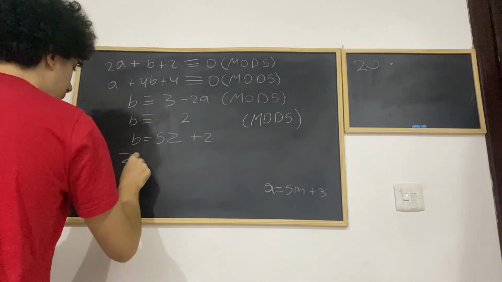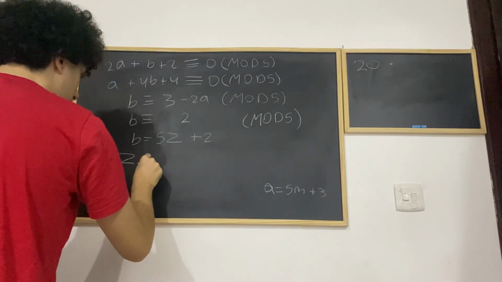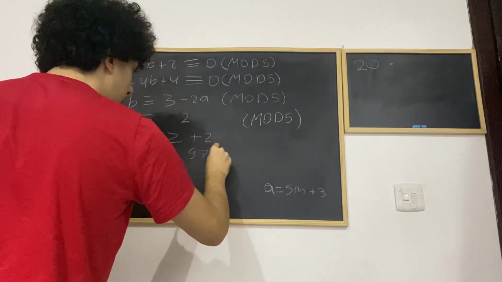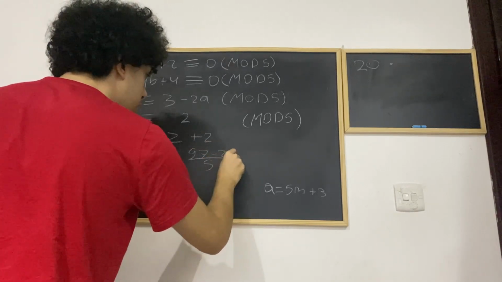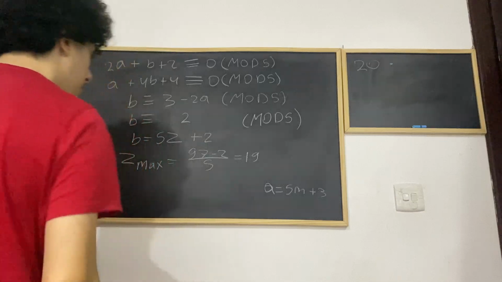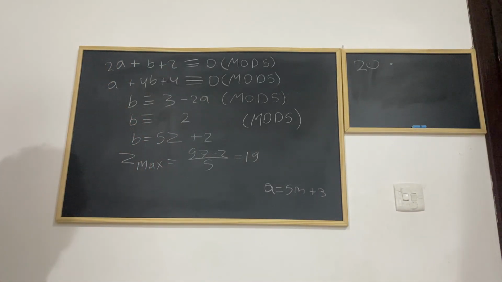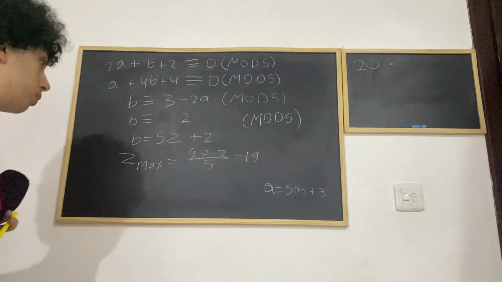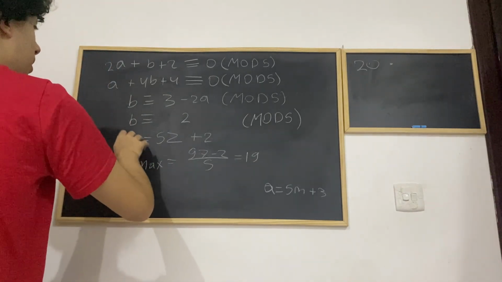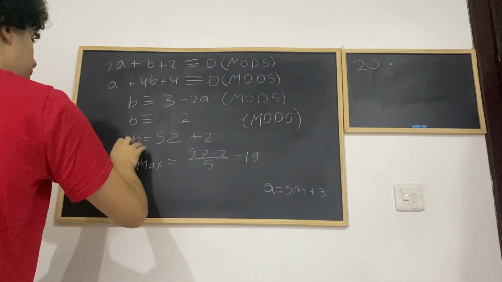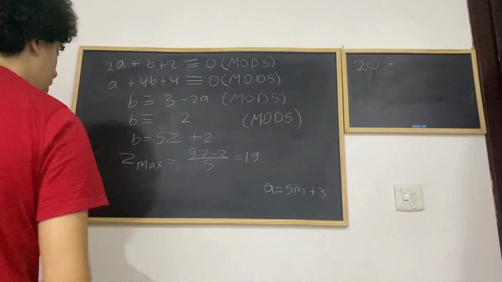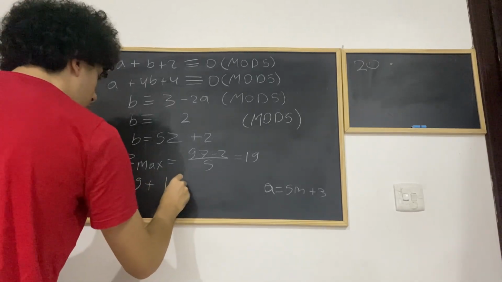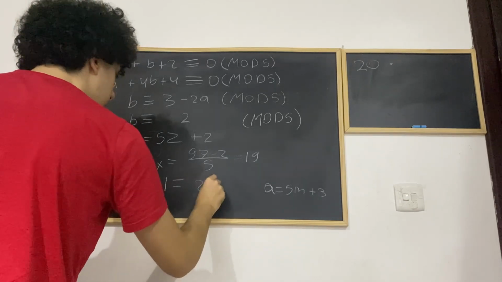So the max value for z is equal to 97 minus 2 over 5, which equals 19. And remember, we said z could be 0. So z could be 0, 1, 2, 3, 4, 5, 6, 7, all the way to 19 inclusive, meaning that the number of possible values for b is 19 plus 1, which is equal to 20.